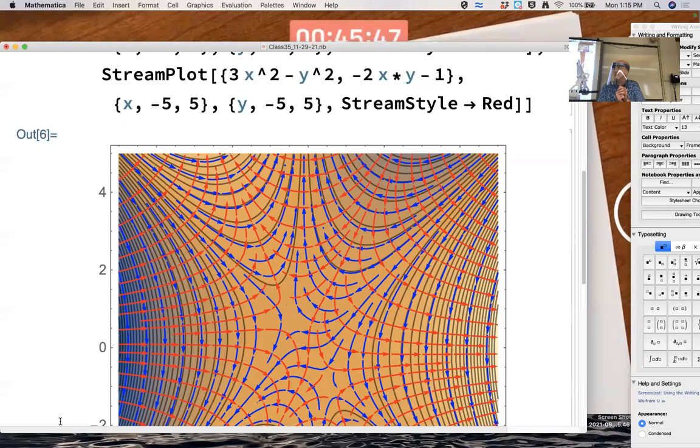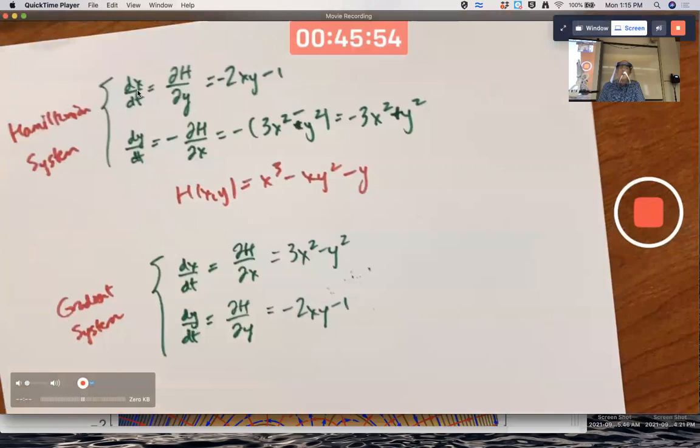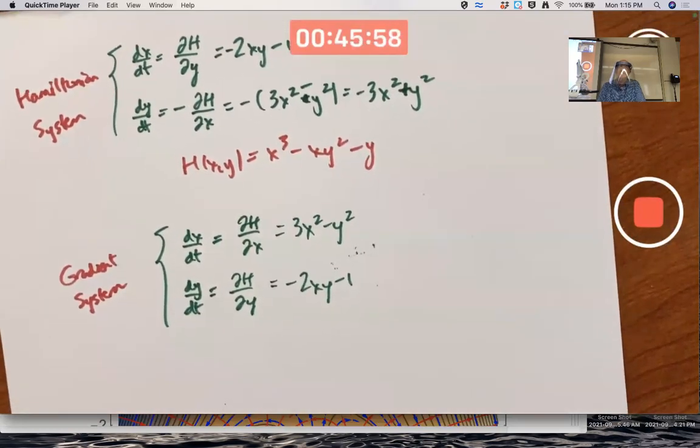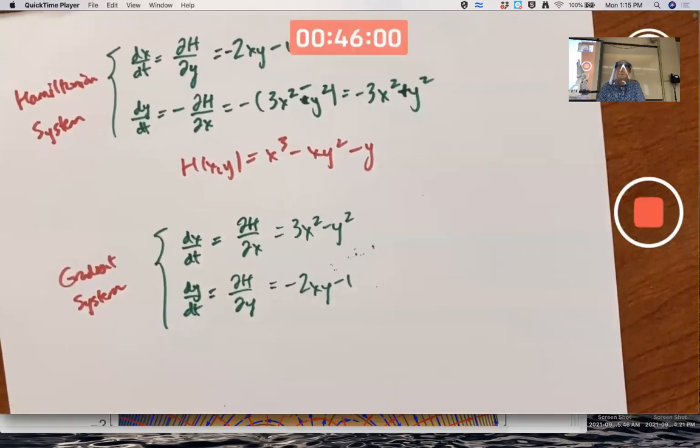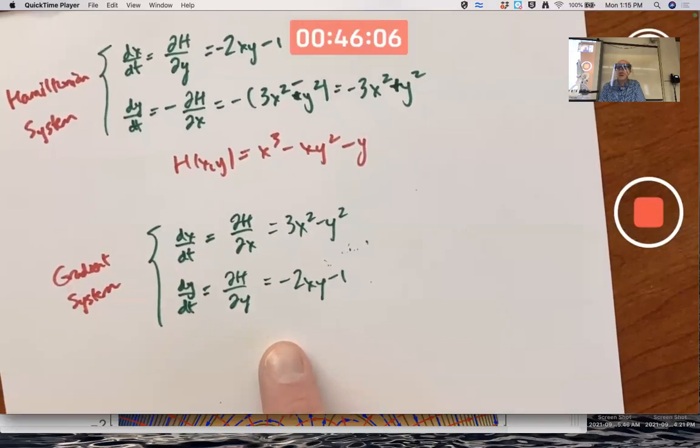The Hamiltonian system conserves energy. The gradient system dissipates energy. Well, it's actually the opposite of the gradient system that dissipates energy. Actually, with this particular one, energy grows, which sounds crazy, but it's just math here.